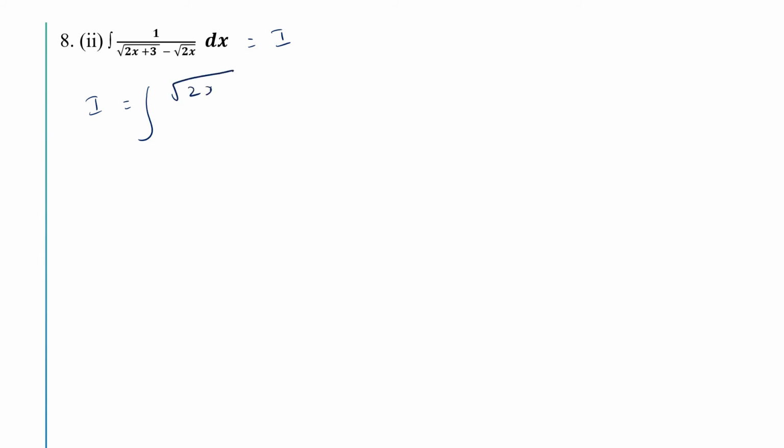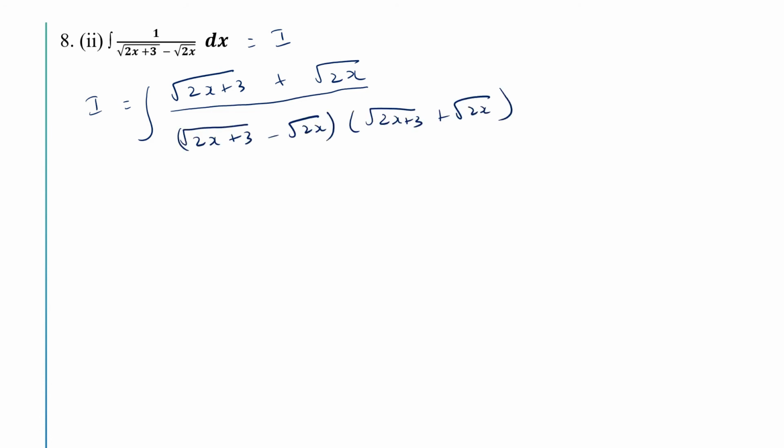In the denominator it will be (root of 2x plus 3 minus under root 2x) into (under root 2x plus 3 plus under root 2x). So this is of the form (a minus b) into (a plus b), which is a square minus b square, or it is 2x plus 3 minus 2x. So these two will go. We are left with 3.